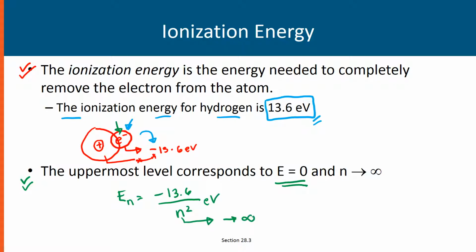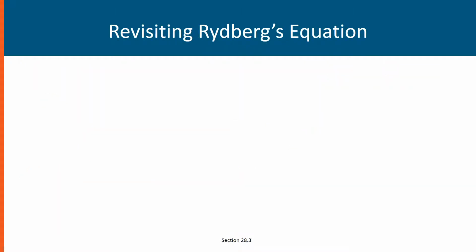So when you're very, very far from the nucleus of the atom, the farther you are from the nucleus, the less energy the electron is going to possess. So in fact, at the uppermost energy level, that is n approaching infinity, the energy at that point is equal to 0. Now let's look into Rydberg's equation once again.